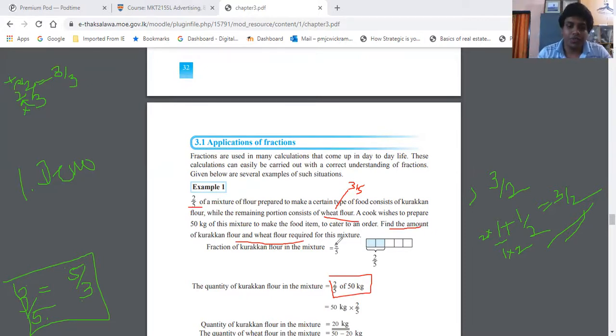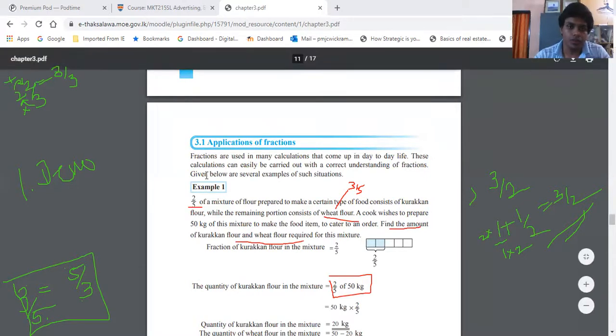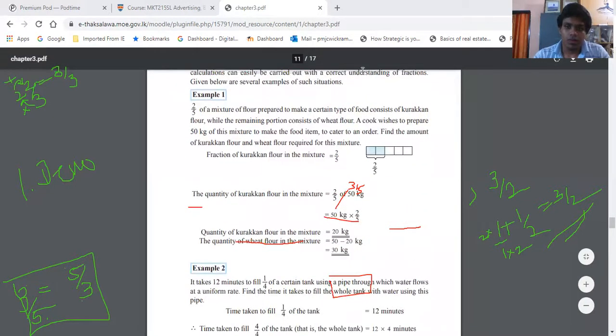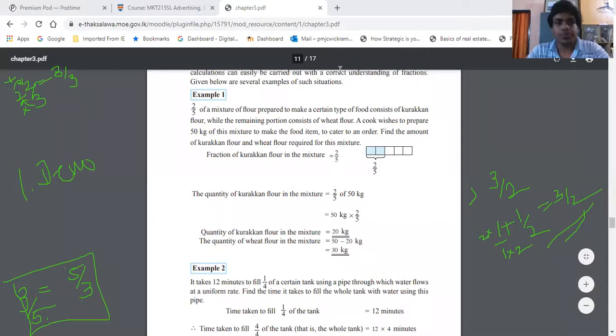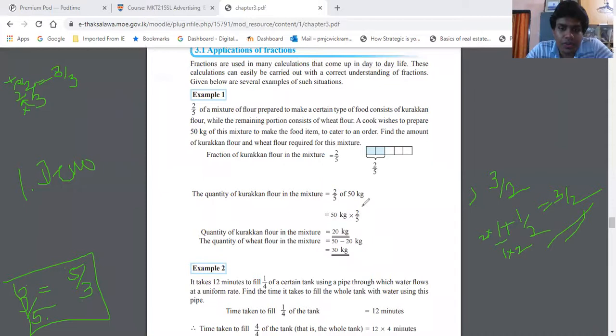So 2/5 into 50, that is 50 into 2/5, which gave them 20 kilograms, and they subtracted and found the other remaining kilograms.